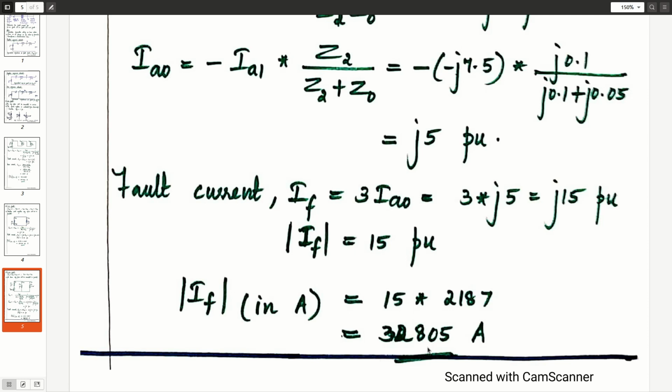Okay, so if it is LG fault, all three equivalent networks should be connected in series. If it is LL fault, connect positive and negative sequence in parallel. If it is LLG fault, connect positive, negative and zero sequence Thevenin equivalent impedance networks in parallel.